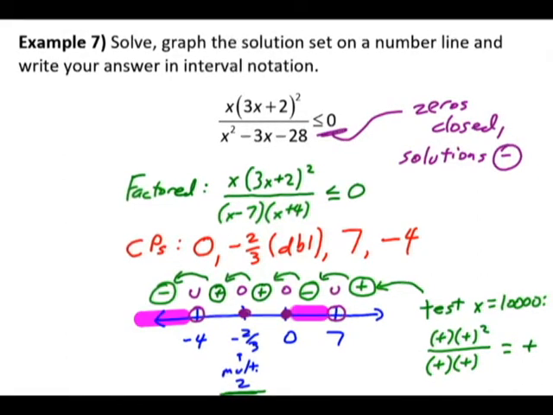Notice that we have a closed point. That will be part of the solution, and we need to include it with our interval notation.